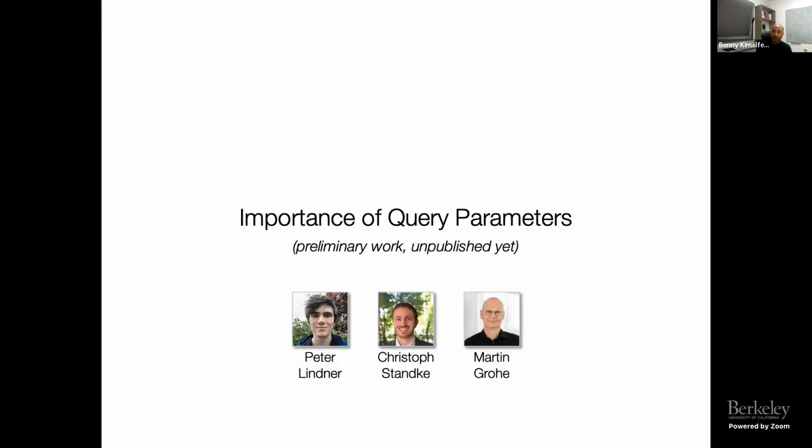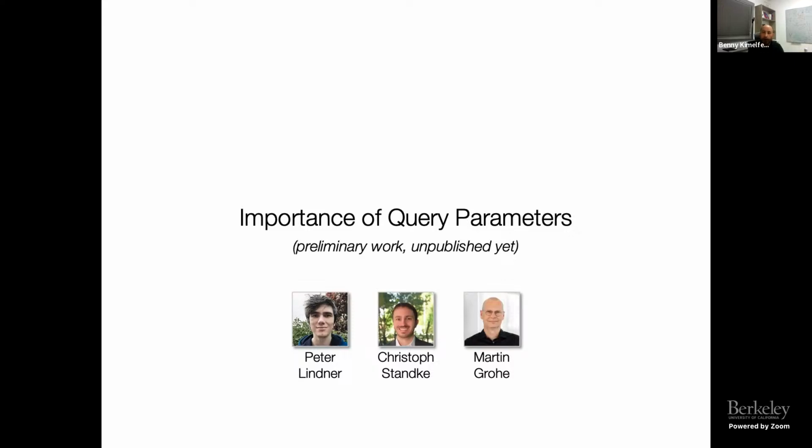That was the first part, about the contribution of tuples. Now I'll use the rest of my time to discuss some recent, still unpublished work with my collaborators Peter Lindner, Christoph Standke, and their PhD advisor, Martin Grohe.